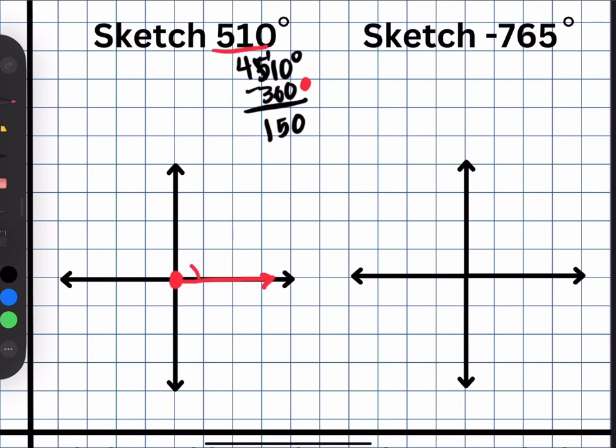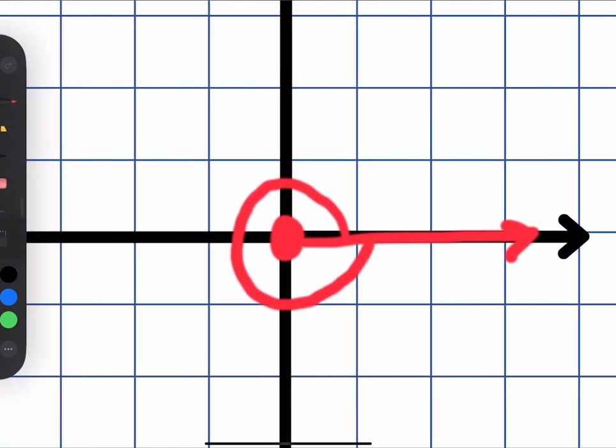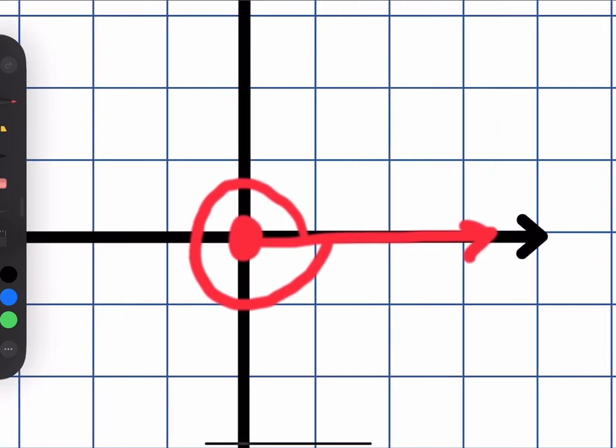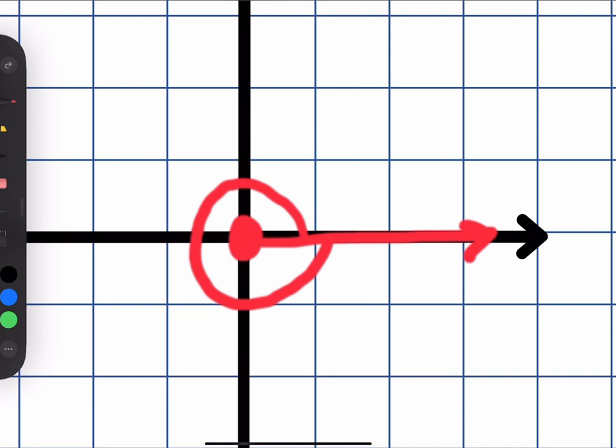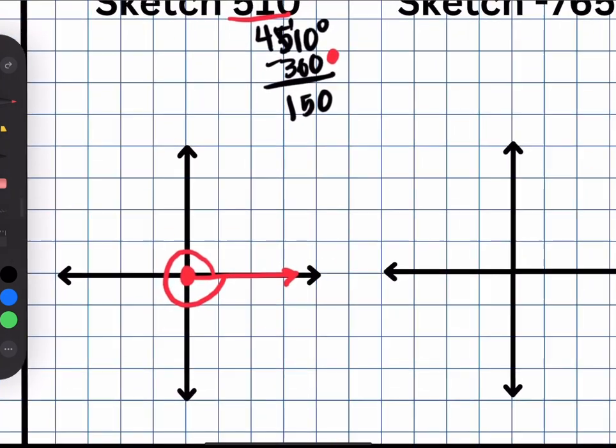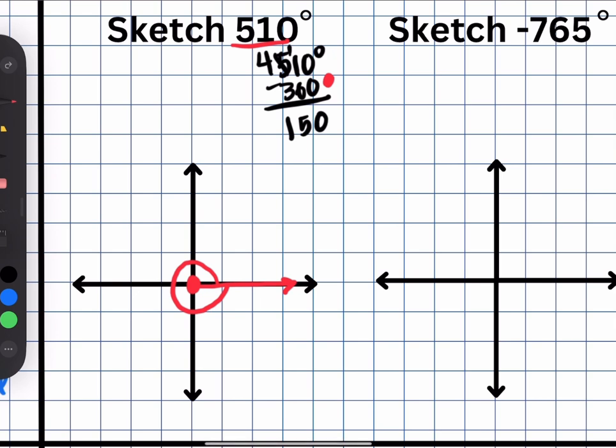So 360 degrees is a full circle. Okay, and instead of these two touching, I made them a little bit to the side so I can keep swirling around if I need to. Okay, so after I do my full circle of 360, I still need to travel 150 degrees. Now from here, I can travel another 90 degrees, right?